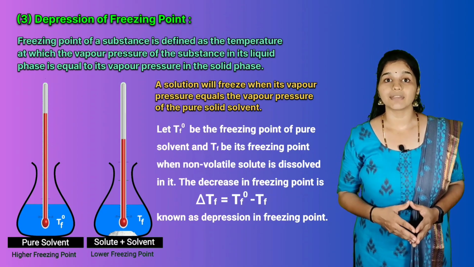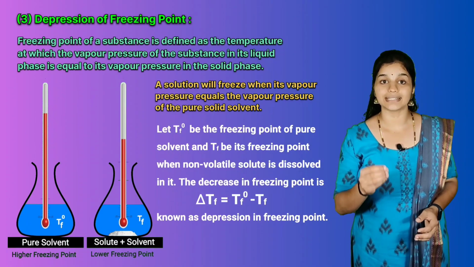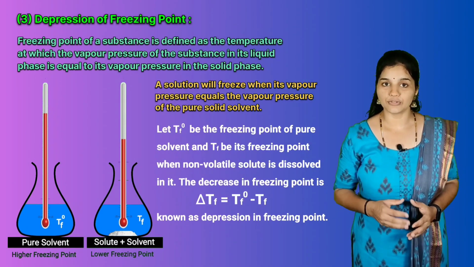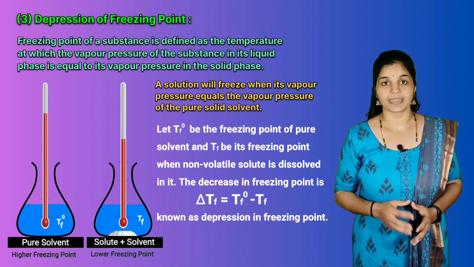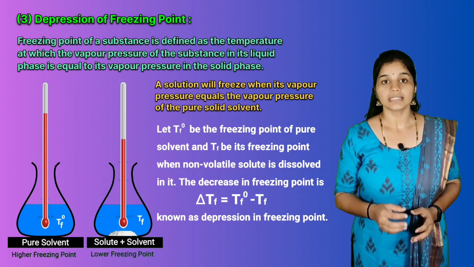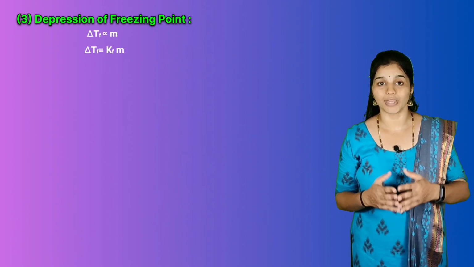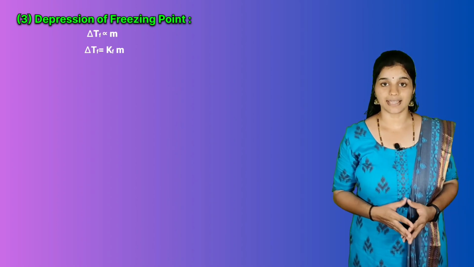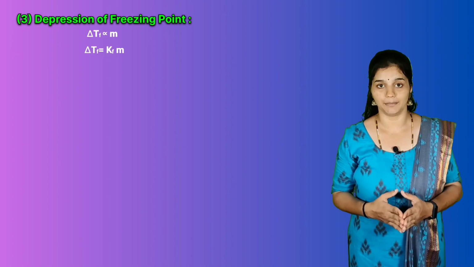Similar to the elevation of boiling point, the depression of freezing point delta Tf for a dilute solution is directly proportional to the molality of the solution. Thus, we have delta Tf directly proportional to m, or we can write delta Tf is equal to Kf into m.